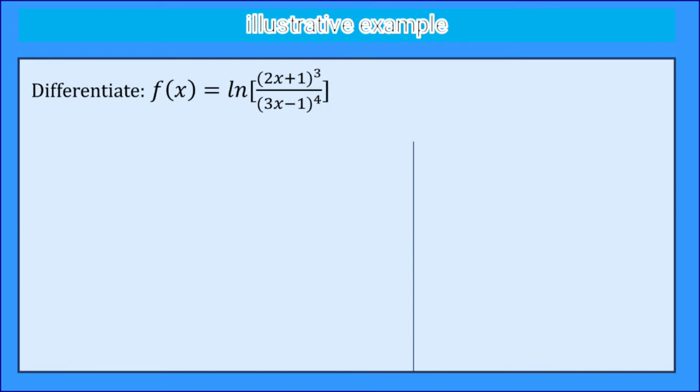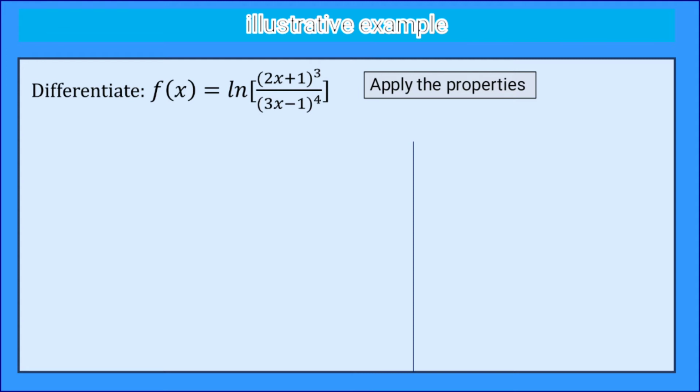So let us add a more challenging example. We need to differentiate f of x is equal to ln of the quantity 2x plus 1 cubed over 3x minus 1 to the fourth power. First thing in mind, we need to apply the properties of logarithm.